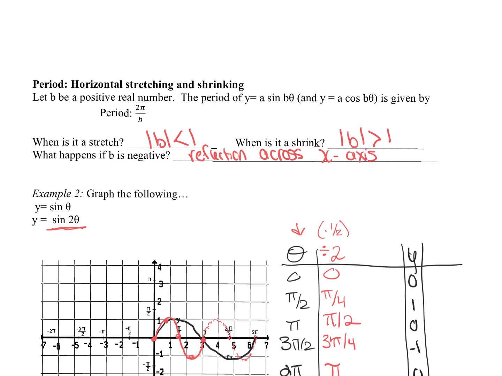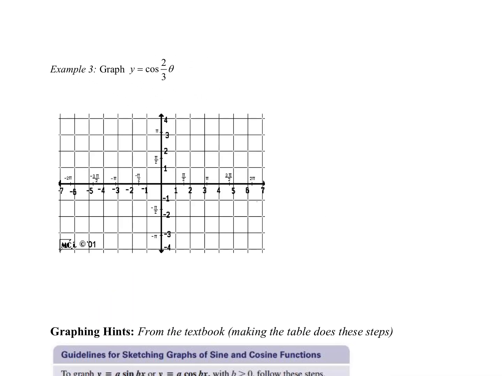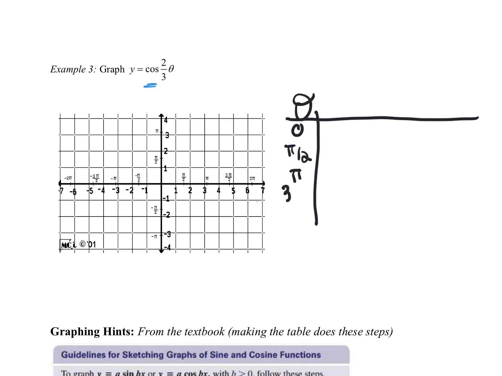So let's try another problem. So let's try this one. This time, just beware, it's cosine that I'm graphing. So the angles are going to stay exactly the same: 0, pi over 2, pi, 3 pi over 2, and 2 pi.